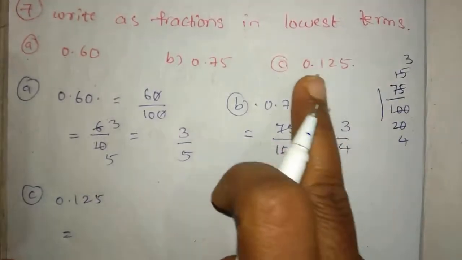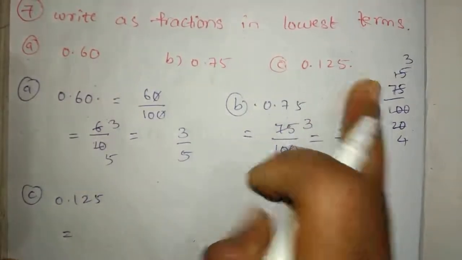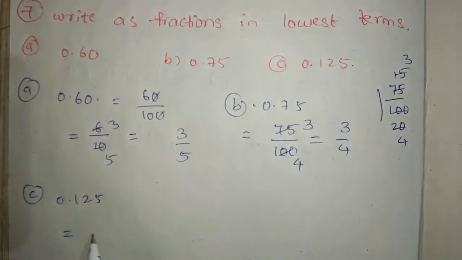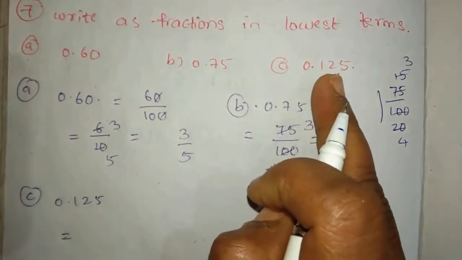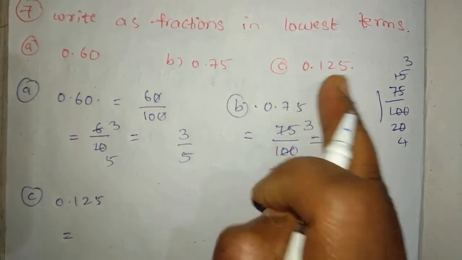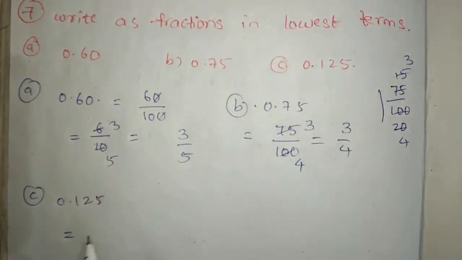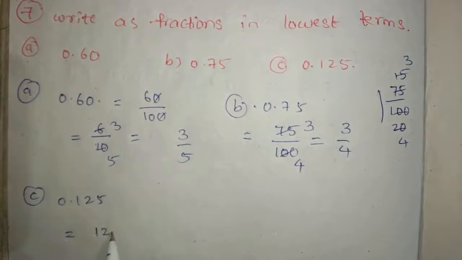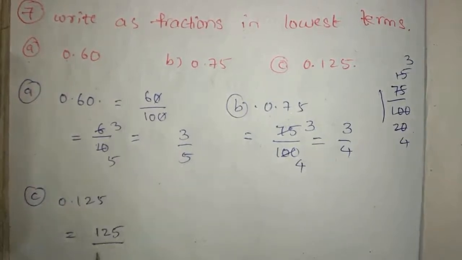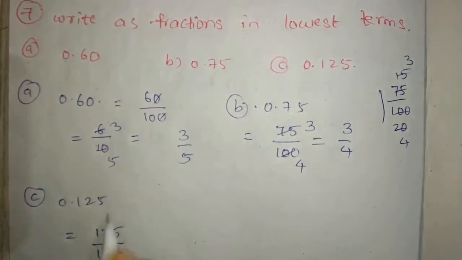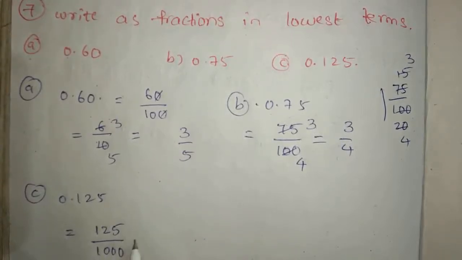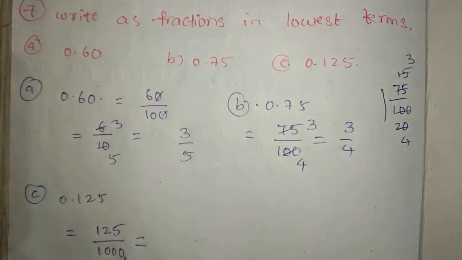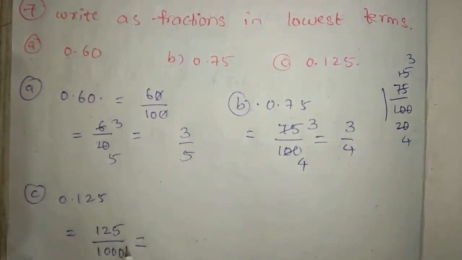Now the C one is 0.125. It can be written as, after the point, how many tenths, hundredths, thousandths. So we take directly 1 2 5 by 1000 in the thousandths place. So we take 125 by 1000. It is not in simplest form.